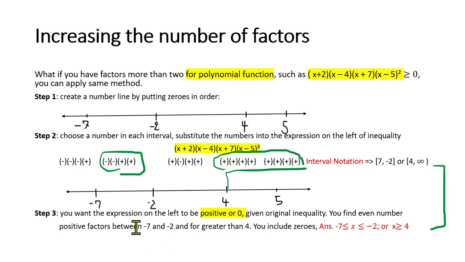So you're looking for the intervals which have an even number of negative signs. This one is an odd number, 3 negative signs. This is an even number, just 2 negative signs, that makes positive. Here you see only one negative, that makes negative. Between 4 and 5, all positive, so that makes positive. Greater than 5 makes positive.